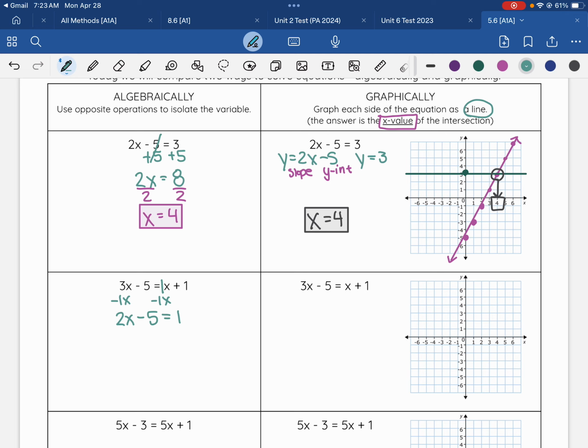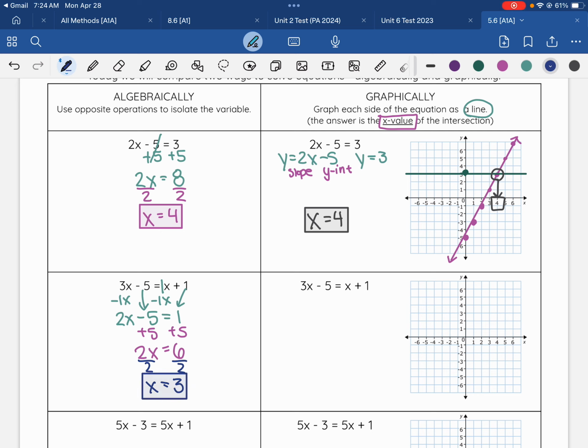And then I'm writing down everything else that didn't change. Now, kind of like the last equation, it's almost identical, but it has a 1 instead of a 3. I would add the 5 to the other side. 2x equals 6. And then I would divide by 2. X equals 3. And I'm done.